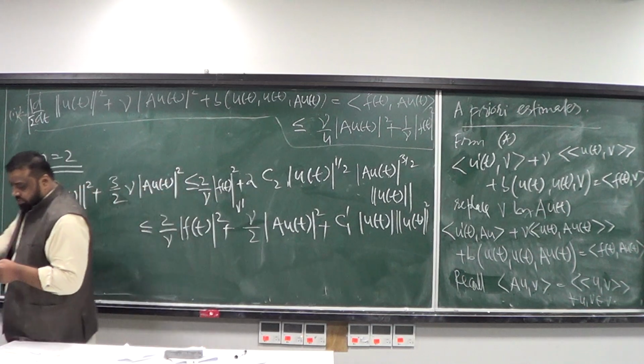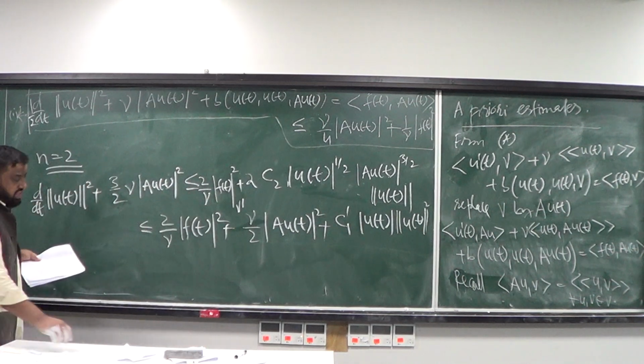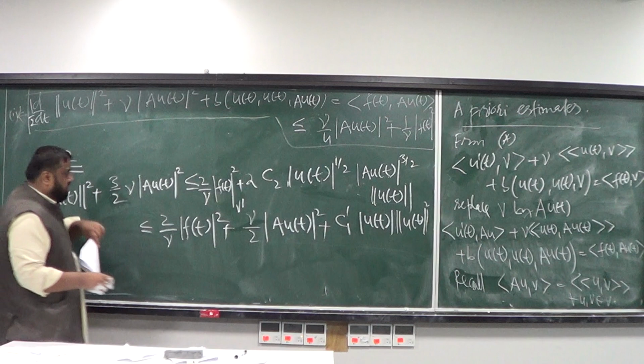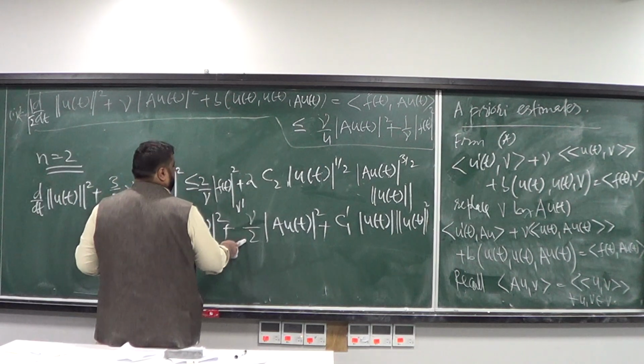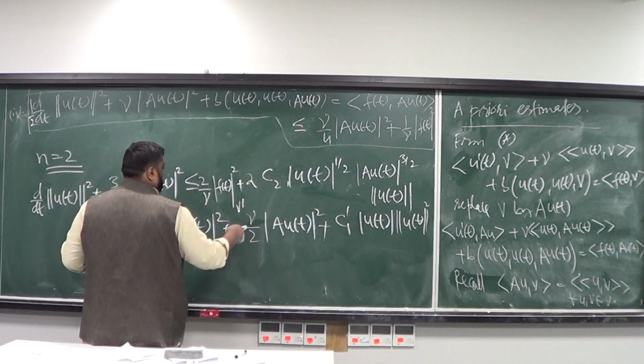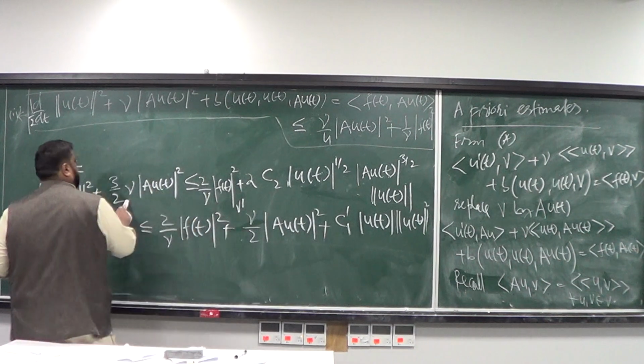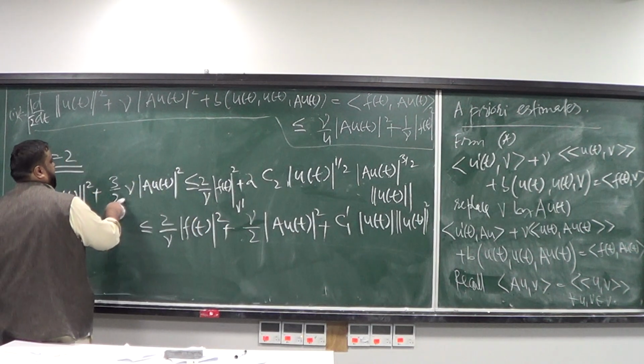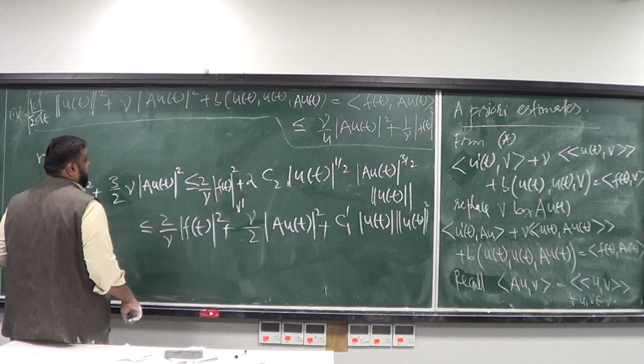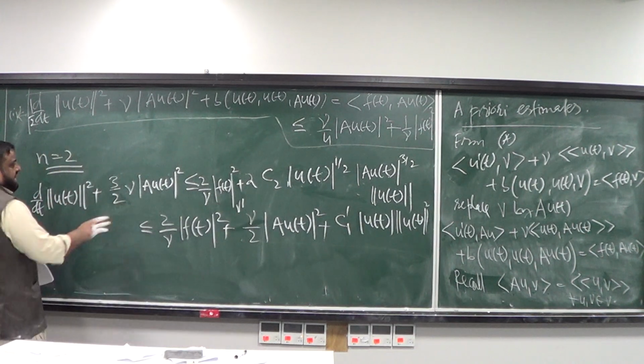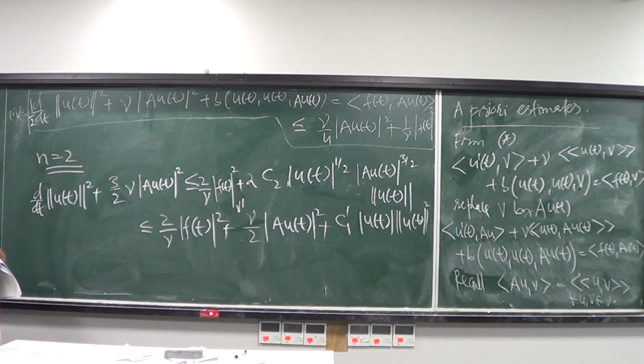So you get this, and once you get this, you have even more simplification of this term. Take this nu over 2 and subtract it from here, so you're going to get only nu over 2 times the norm of A u of t squared. Keep in view that the calculations we are doing are true in 2 dimensions.